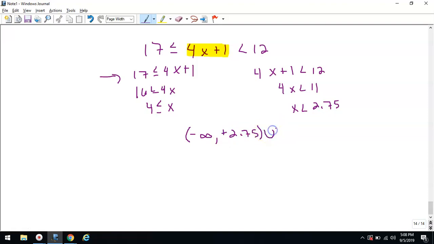Or union, we can also read this as the or sign. It can also be 4, but you guys, it can actually be 4, so we will do this, 4, comma, and then anything up to positive infinity.